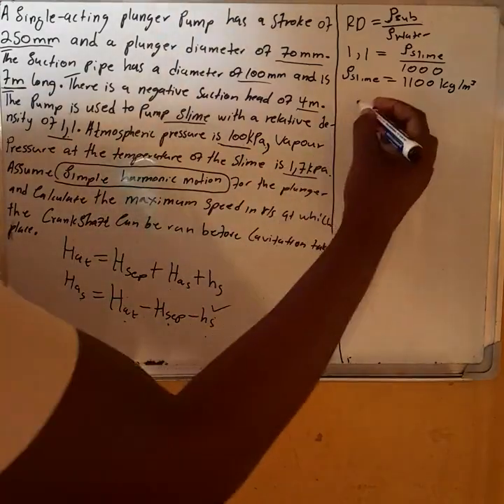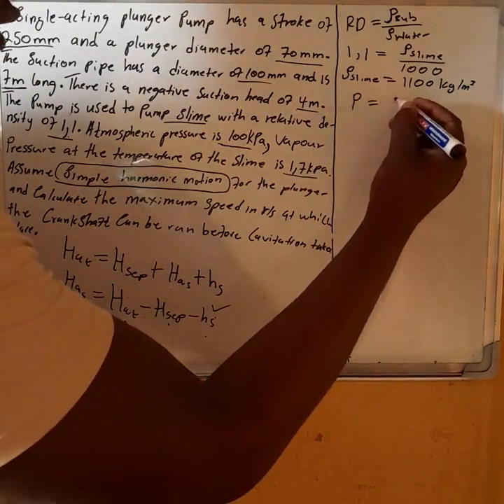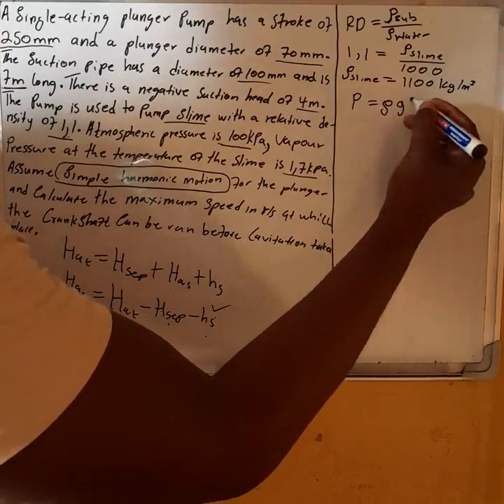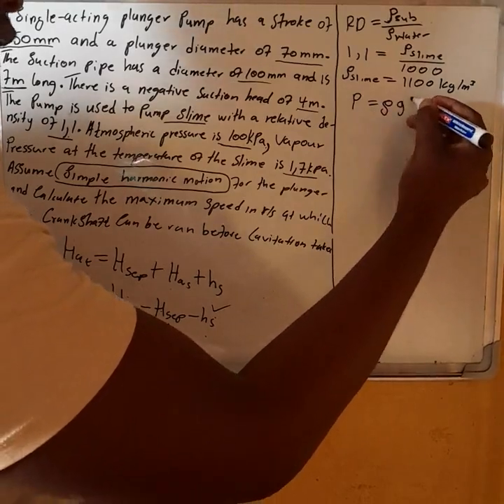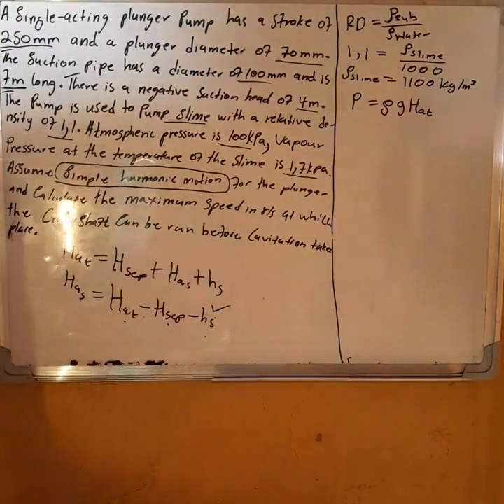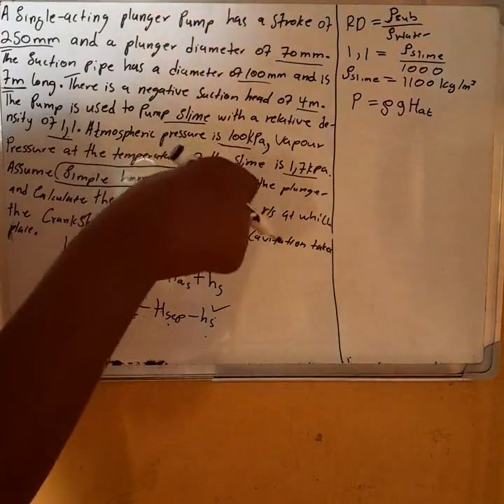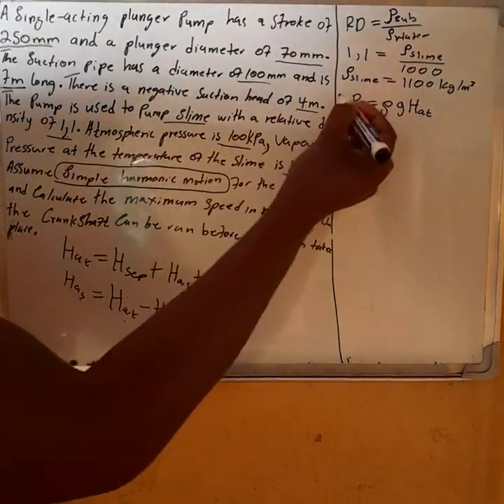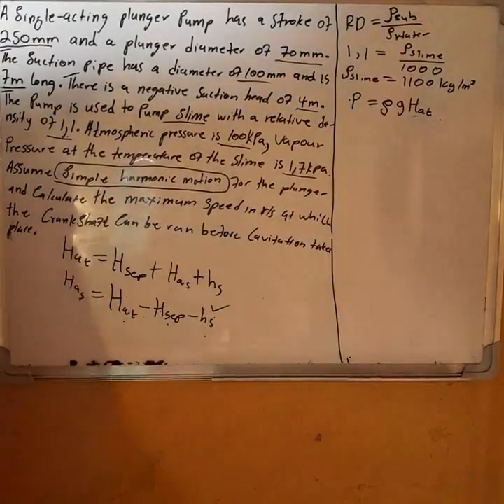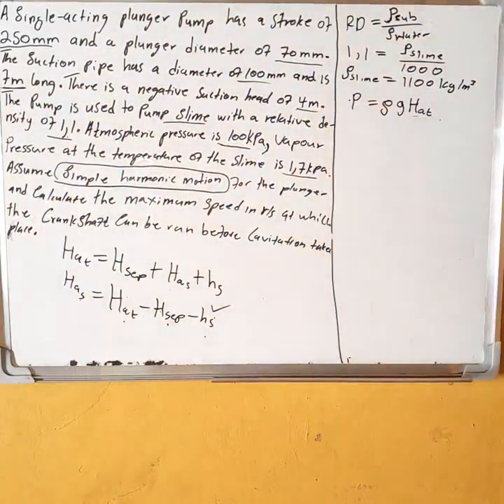We know pressure is equal to density multiplied by gravity multiplied by HAT. Remember, it's the head of the atmospheric. They've given us the pressure, but in our formula we want the head. We don't want to use the pressures directly, we use the heads.